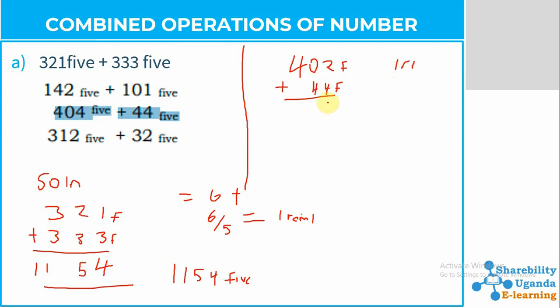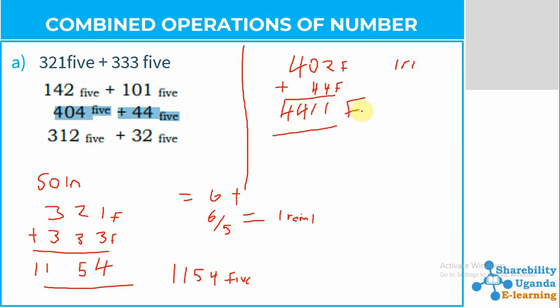So here we write 1 remainder 1. Then we come here and say, what is this plus this? 0 plus 4, we get 4. We are adding, and also this is 4.